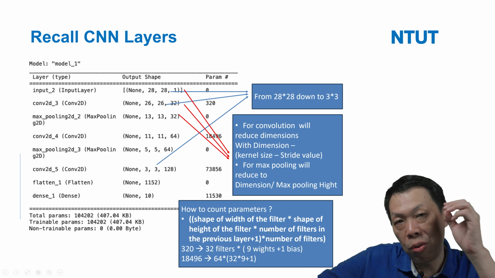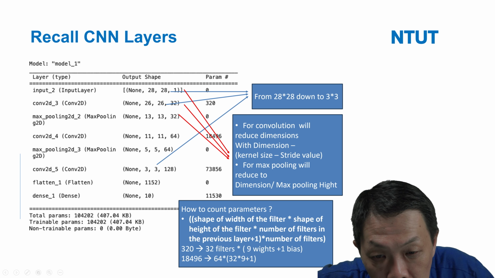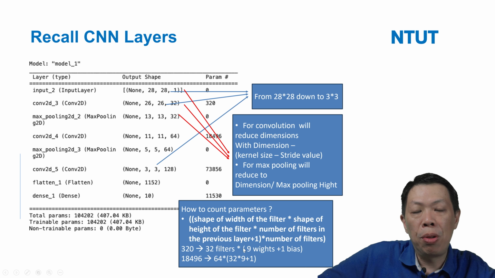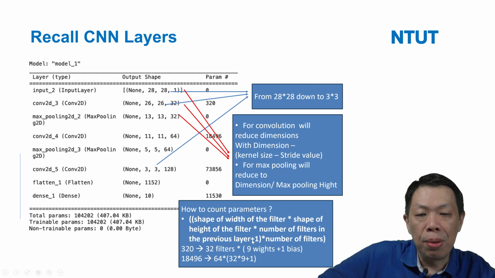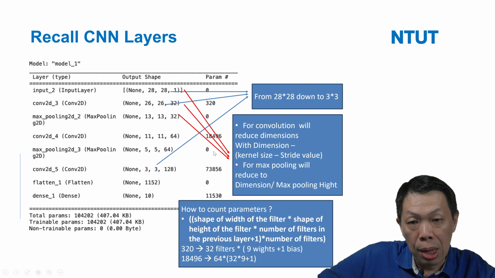Remember, the activation function has a bias inside. So this is the equation. The 320 is calculated based on the equation: 32 filters multiplied by (9 weights + 1 bias). So it becomes 320.